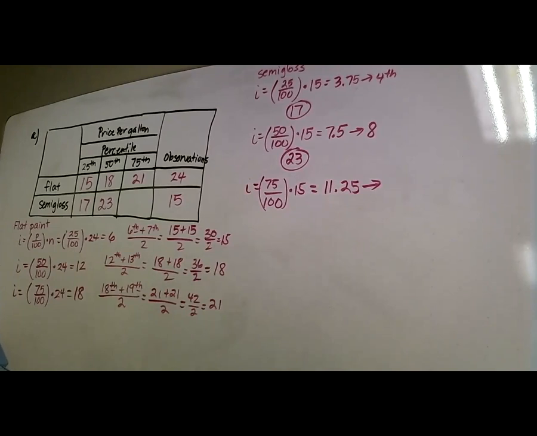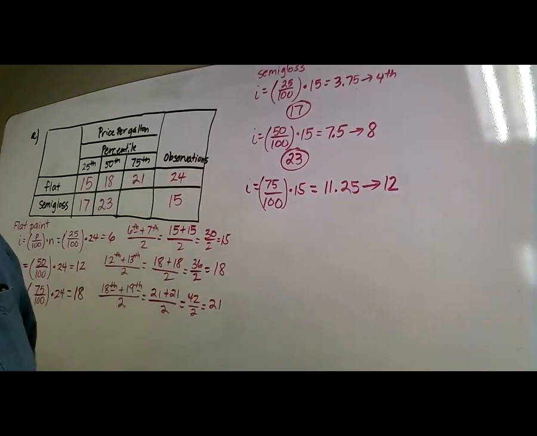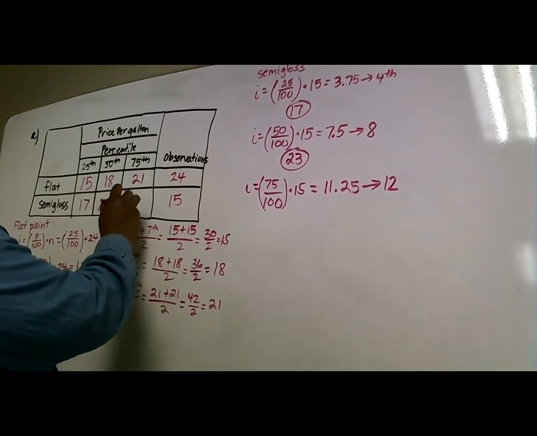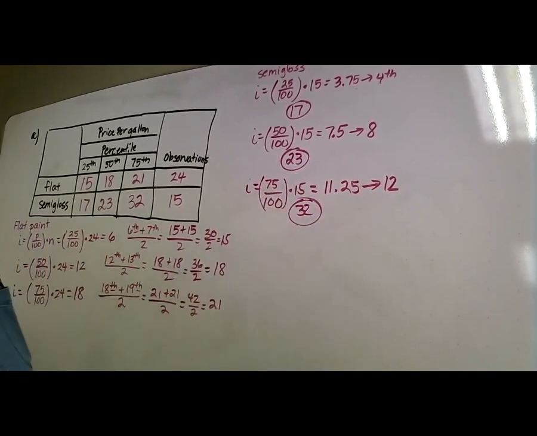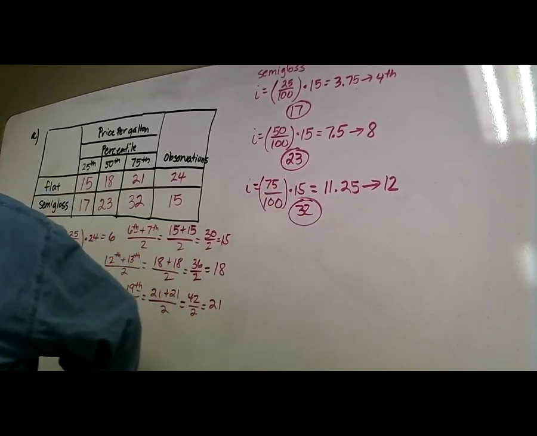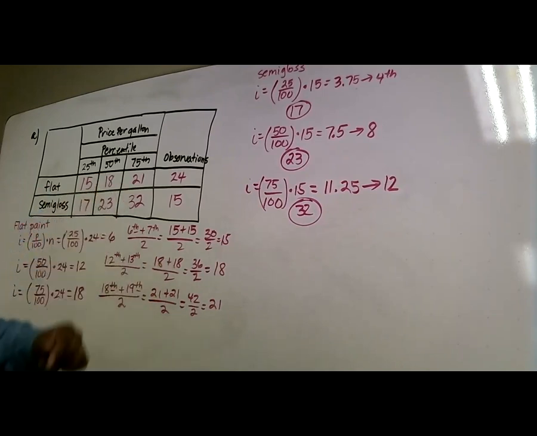That'd be 11.25. We round that up to 12. So we need the 12th data value that's in semi-gloss paint. It'd be 32. Okay. All right, so that's how we complete that entire table. Any questions about part A?